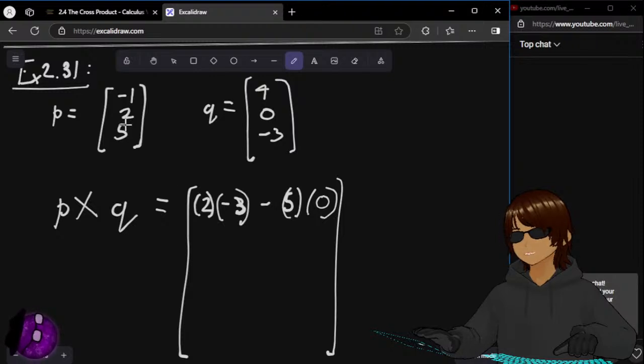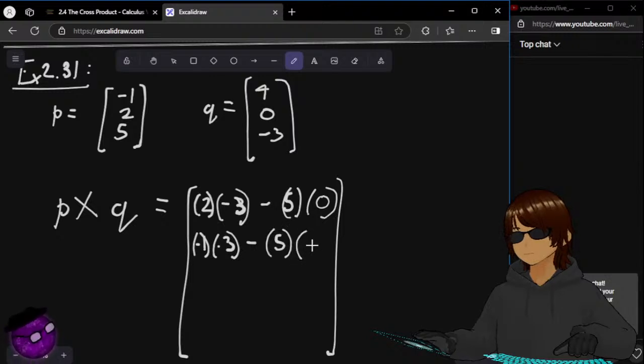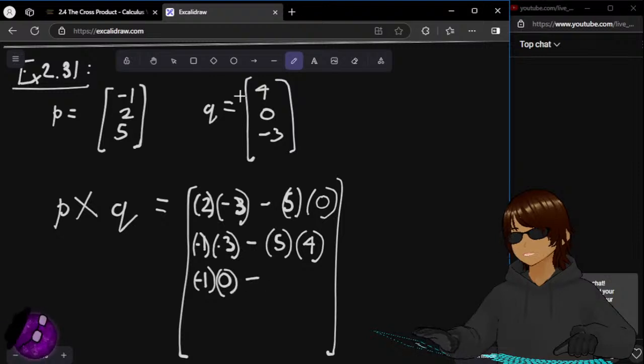And then for the second component, we have minus 1 times minus 3 minus 5 times 4. For the third component, we have minus 1 times 0 minus 2 times 4.